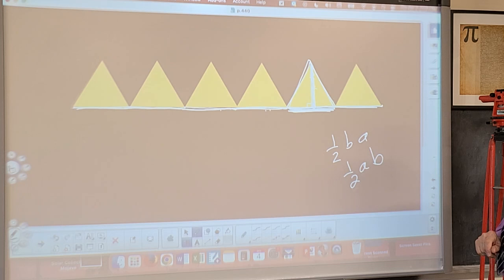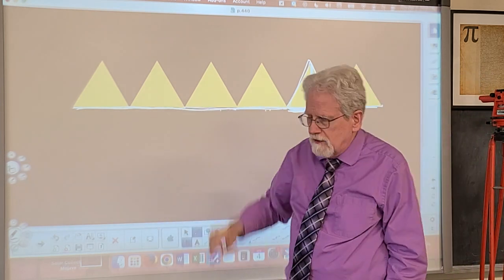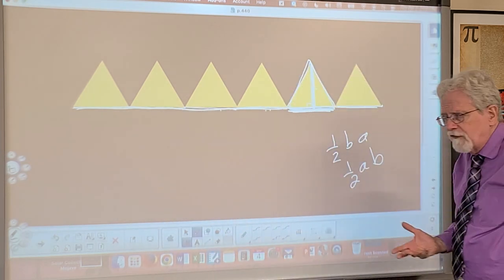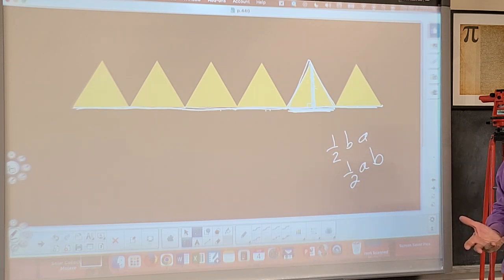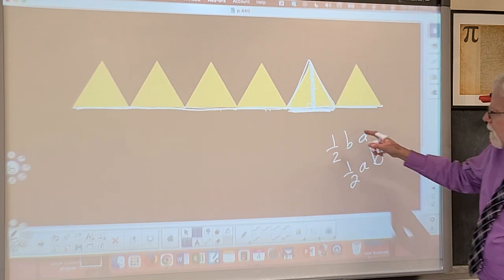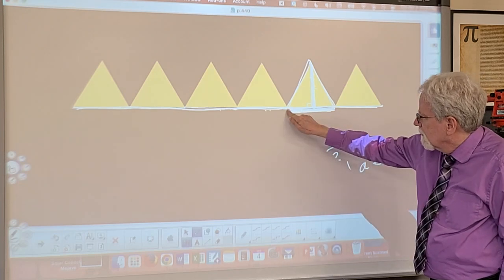Okay. Now here's where it gets interesting. How many of these triangles do we have? We clearly have 6 of them because it was a hexagon. So, what is 6 times this base?